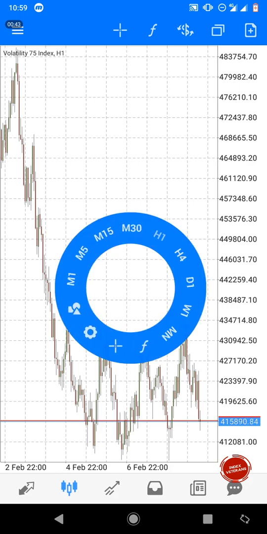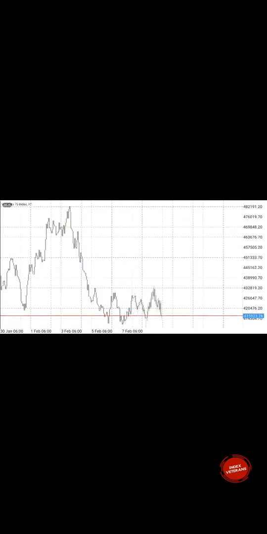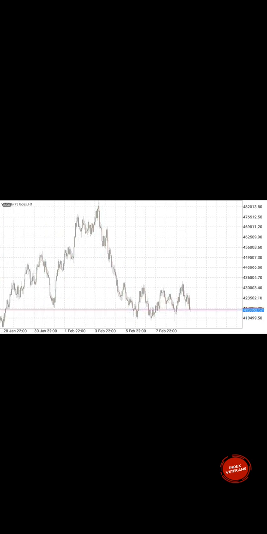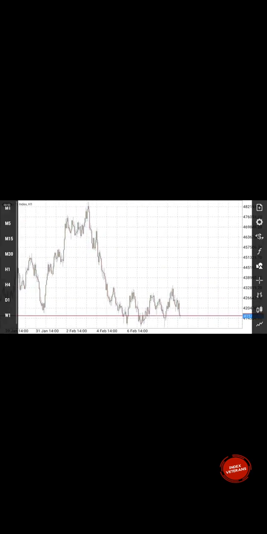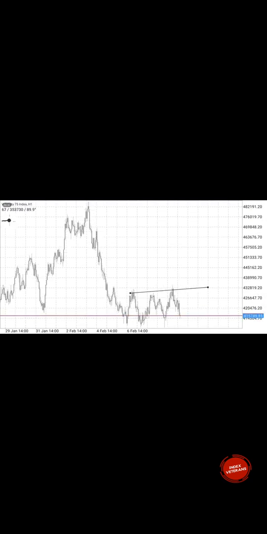So, in the last Thursday analysis, I said that there will probably be a bounce back. I drew a range, I drew some lines, and I told you guys if there will be a bounce back, then we will be looking for bounces on the line.